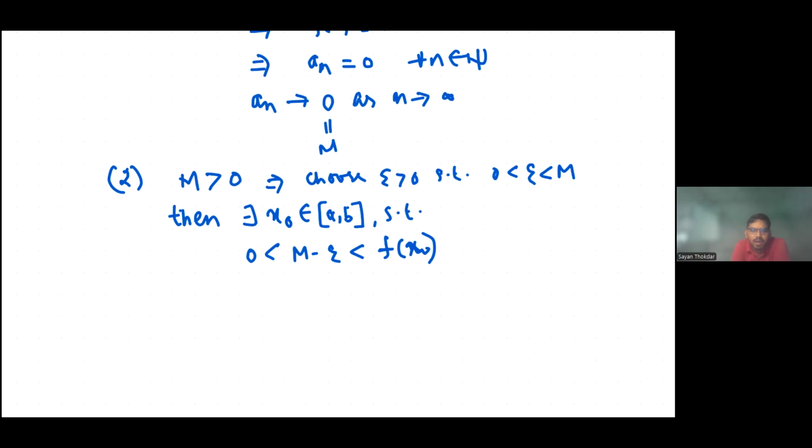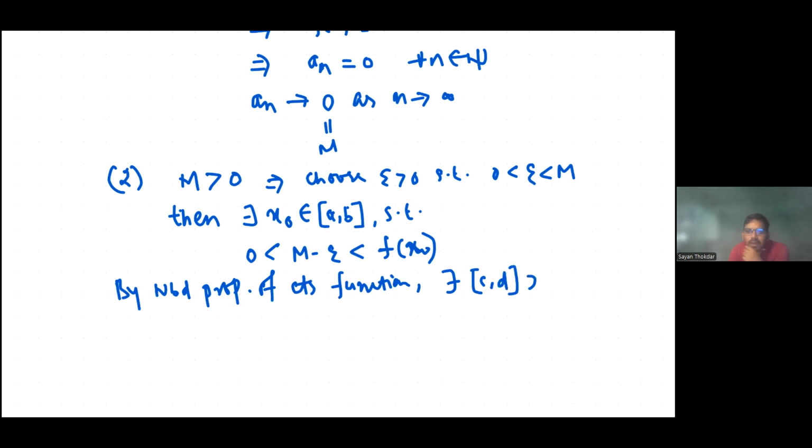So by the neighborhood property of continuous functions, there exists (c, d) containing x naught, with (c, d) contained in [a, b].